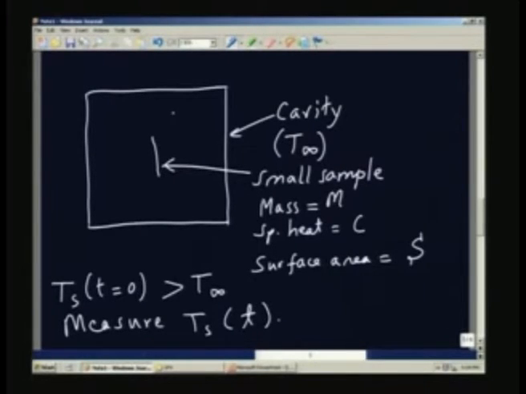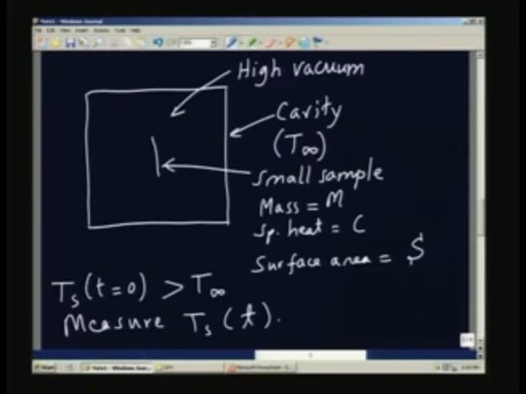We will assume for the moment that we have a high vacuum inside. That means there is no heat loss from the sample by conduction to the medium or convection to the medium, and we will also assume that for heating this sample we need some method of bringing the heat into it.